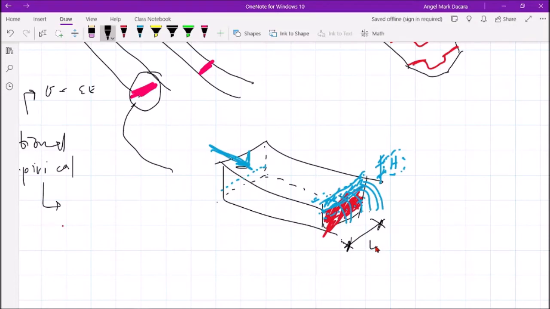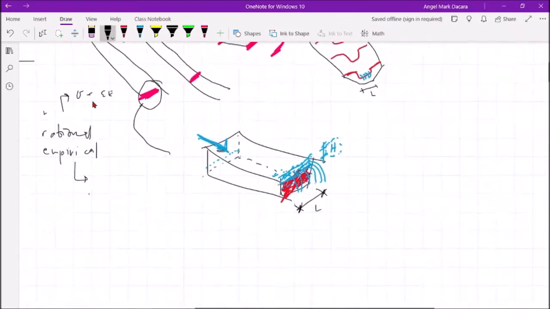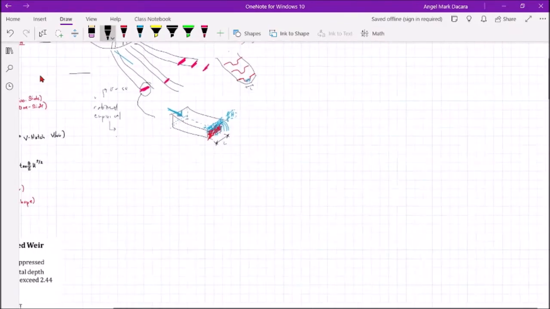Kung halimbawa naman dito, syempre kapag umagos yung tubig dyan, dito yung lalabas. So, the length of weir is only ito. Basta yung length nung parang pinaka-lip ng weir, where water overflows. Ito, L. That's the length of weir.